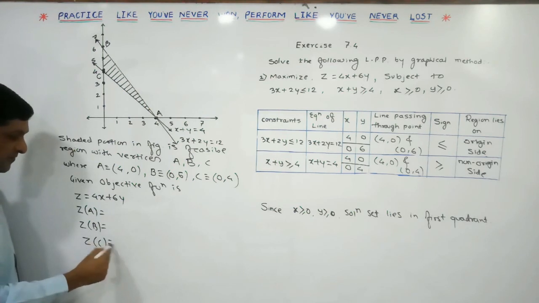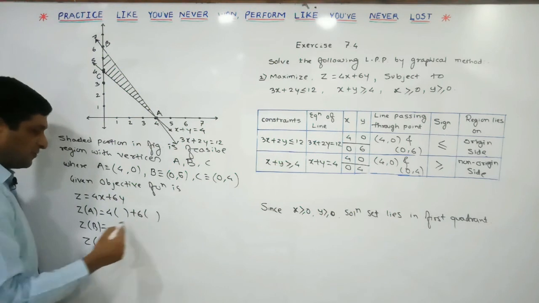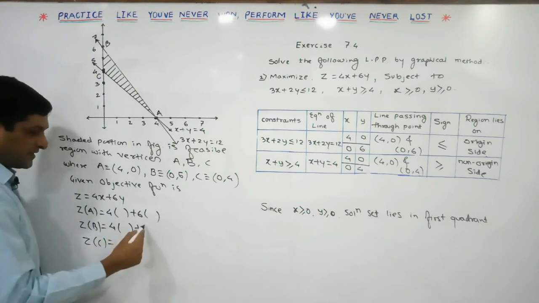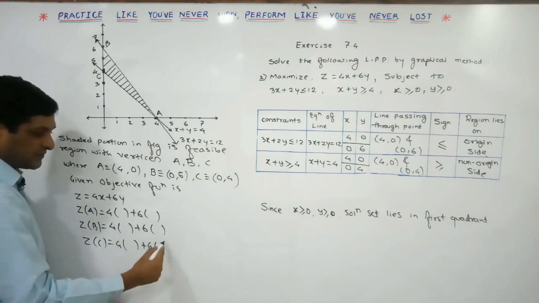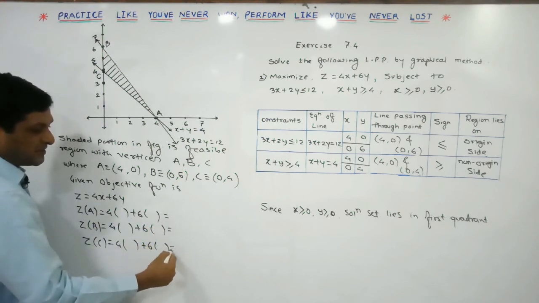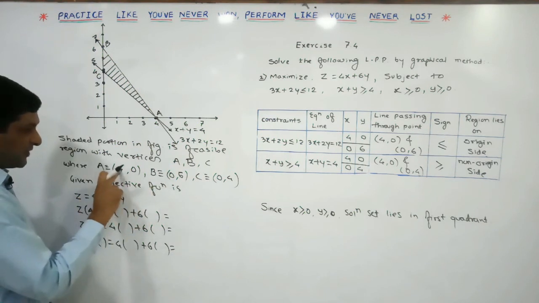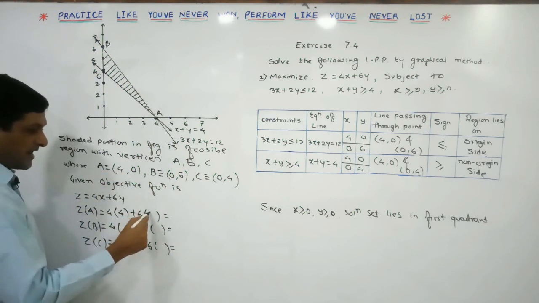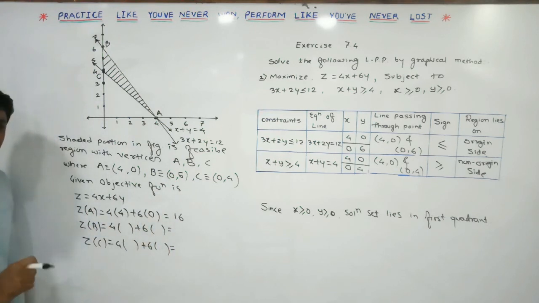Let us try to find out the value of the objective function, means 4x plus 6 into y. So use the same method in every case. 4 into x plus 6 into y. Now the remaining part is just to substitute the coordinates. Replace x by the x coordinate of point A and y by the y coordinate. 4 fours are 16 and 16 plus 0 will be equal to 16.